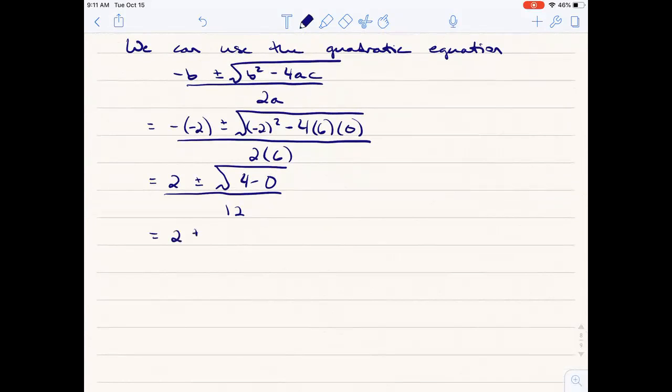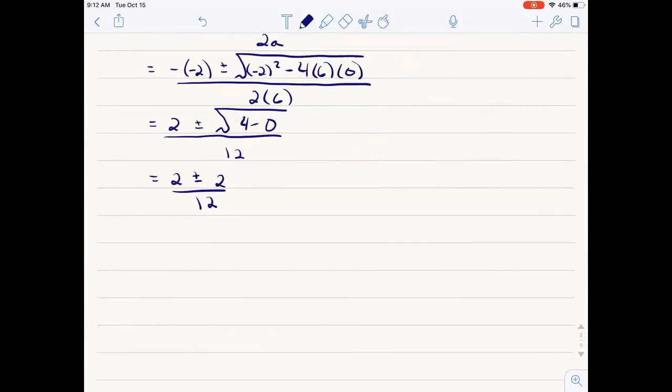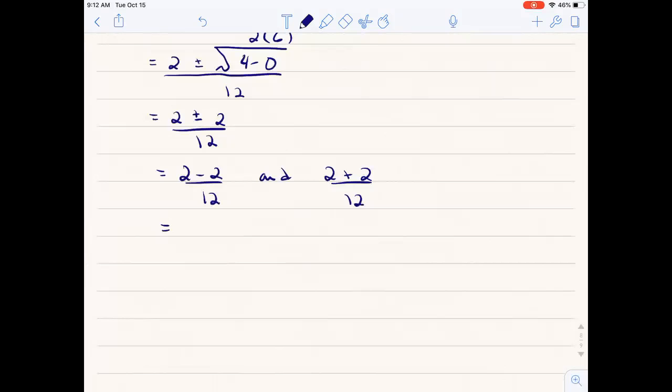So we get 2 plus or minus 2 over 12, which is going to be 2 minus 2 over 12 and 2 plus 2 over 12. 0 and 4 over 12, which is 1 over 3.